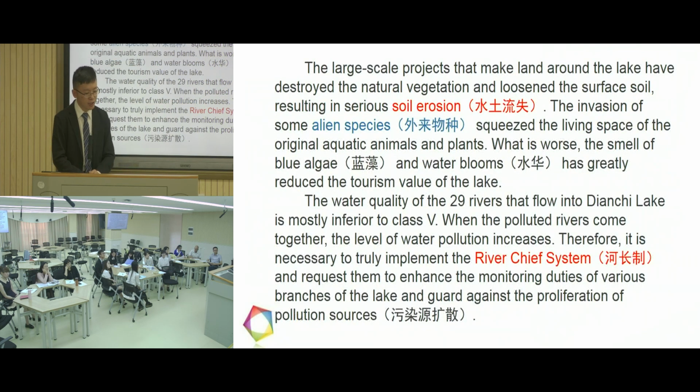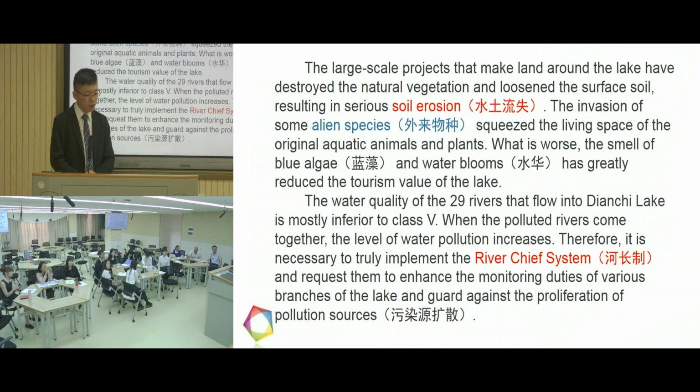The large-scale projects that made land around the lake have also destroyed the natural vegetation and loosened the surface soil, resulting in serious soil erosion. The invasion of some alien species squeezed the living spaces of the original animals and plants. What is worse, the smell of these alien species has greatly reduced the tourism value of the lake.